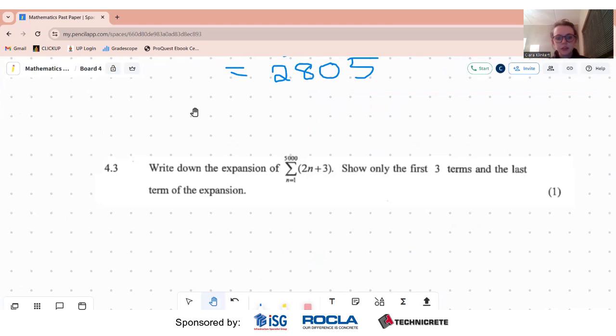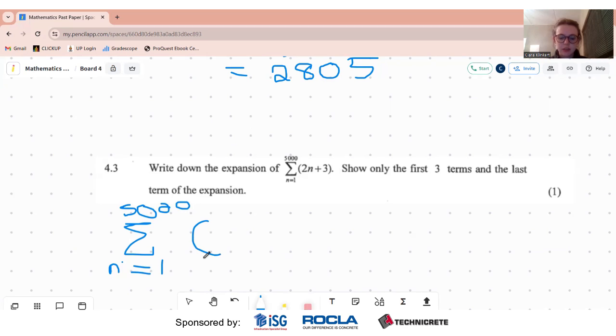Now they want us to write down the expansion of sigma from n equal to 1 to 5,000 of 2n plus 3. Sigma is just a fancy way of saying take the sum from the first position to the 5,000th position, since we're using n here.